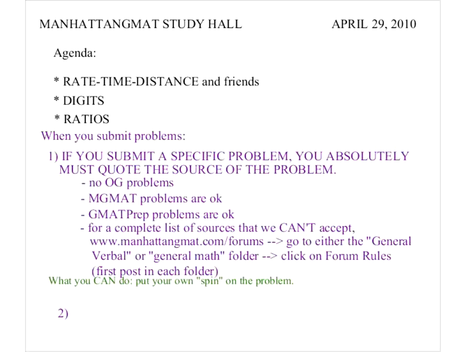So if you have quant, you can do the same format, but maybe different numbers or specifics. And if it's verbal, if it's a sentence correction, you can do the same sentence structure, but different specific nouns and verbs and so on.